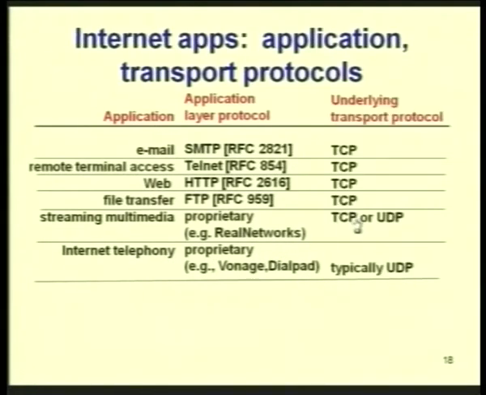If you look at the underlying transport protocol, email, remote terminal access, web, file transfer and so on all require reliable data transfer, and they are not sensitive in terms of time. So they go in for the TCP protocol. Streaming multimedia on the other hand could use TCP or UDP, but typically it uses UDP.